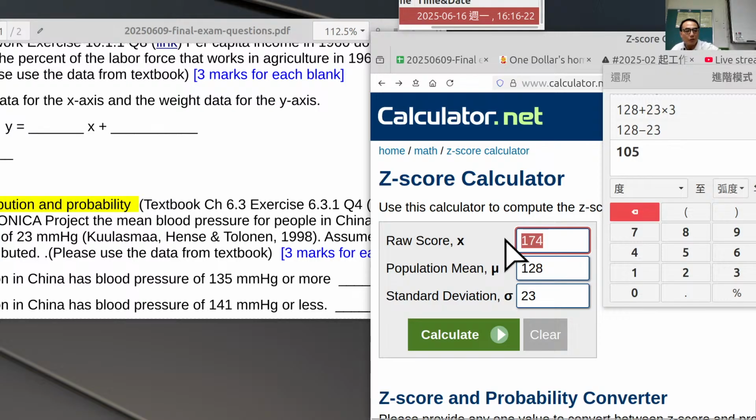If you input 105, what is the z-score? Who can tell me?